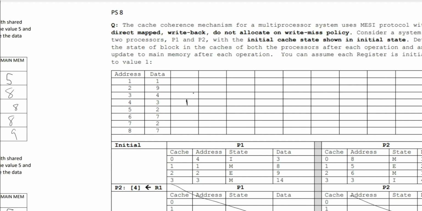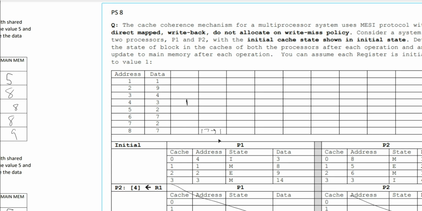So address 8 becomes 17. But then we're immediately going to write a 1, right? Is that what happens?